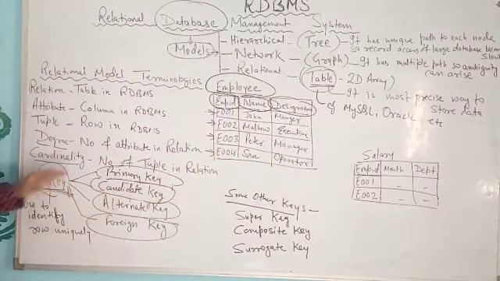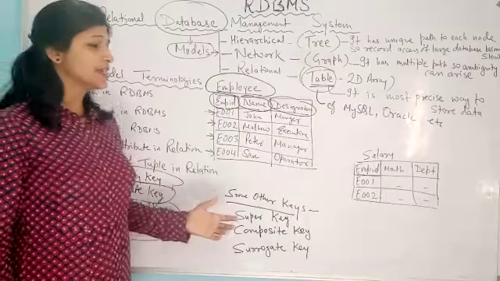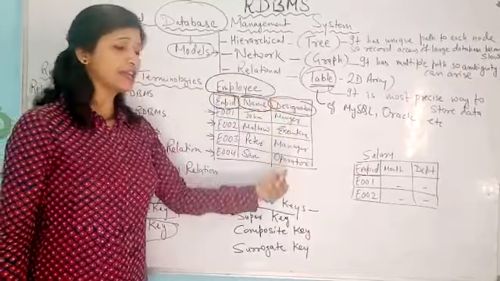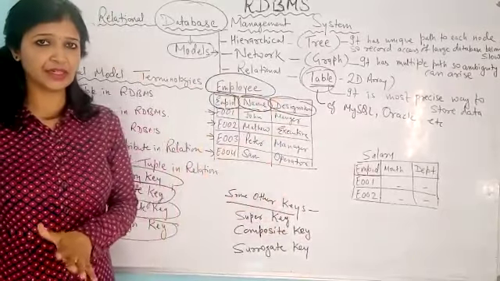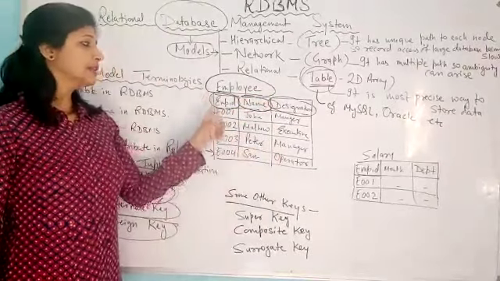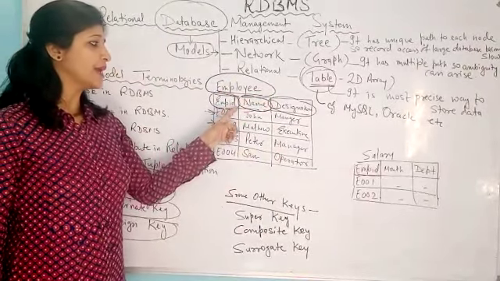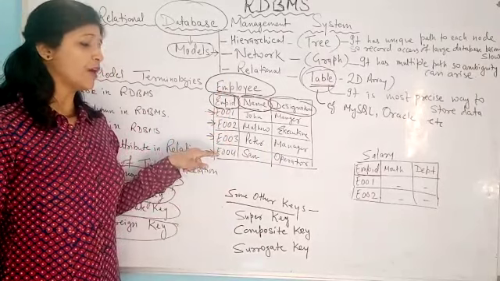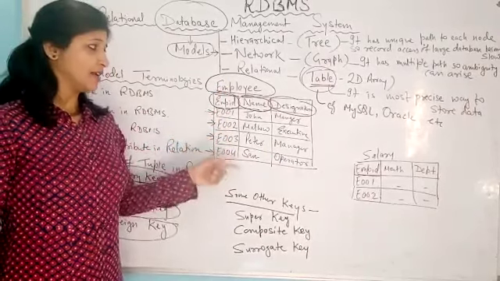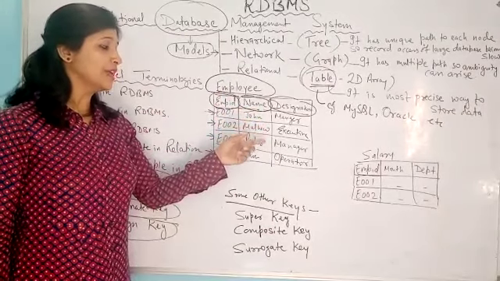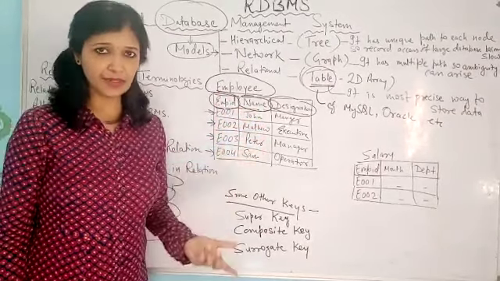Now, there are some more keys, like the candidate key. Candidate keys are those keys which are able to identify each record uniquely. For example, if we take the employee table, then in the employee table, EMPID is an attribute which contains a unique value for each tuple, and name is also an attribute which contains a unique value for each tuple.